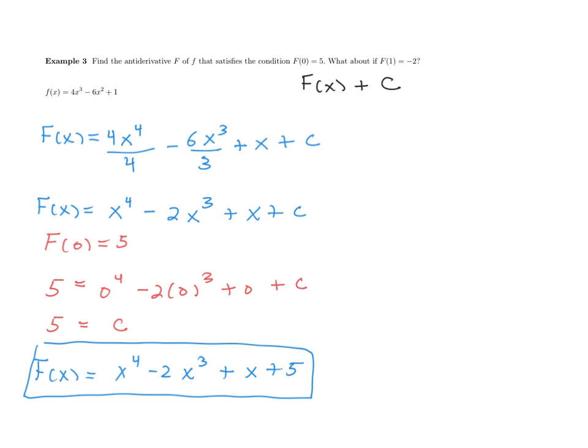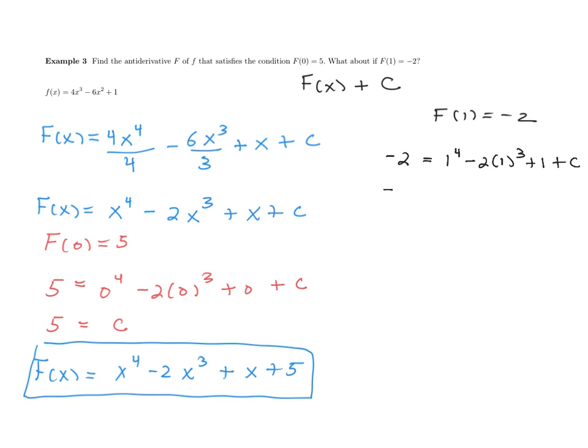So let's try that. So here, if F of 1 is equal to negative 2, I'll go to this antiderivative, I'll put negative 2 here, and a 1 in place of the x's. It will allow me to solve for c. That means we get negative 2 is equal to 1 to the fourth minus 2 times 1 cubed plus 1 plus c.